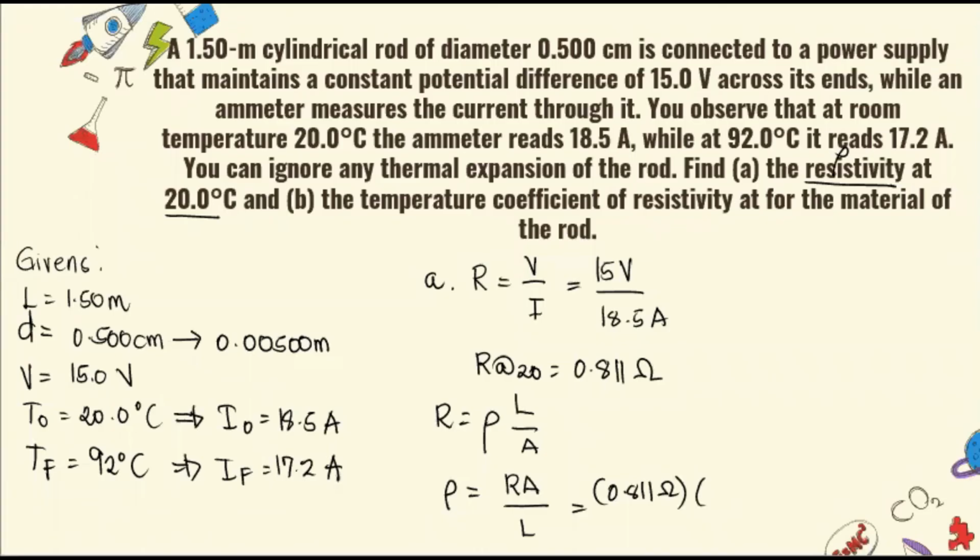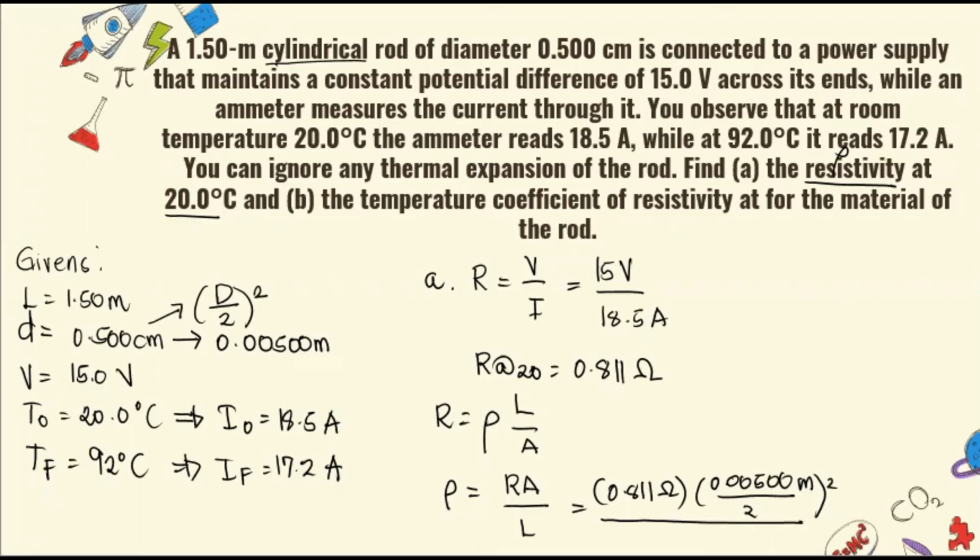Since cylindrical rod daw siya, using the diameter, D over 2 squared, substitute na natin yan: 0.00500 meters over 2 squared.